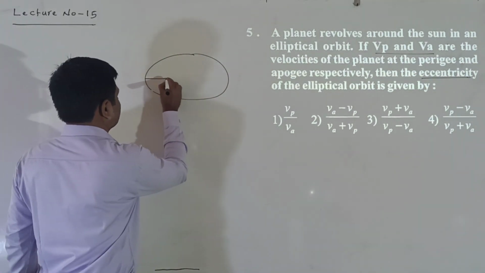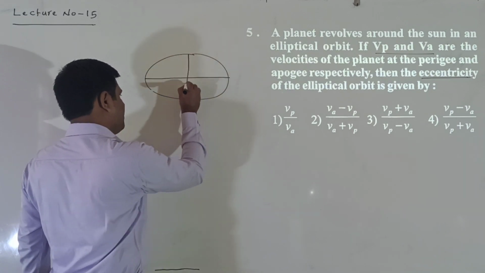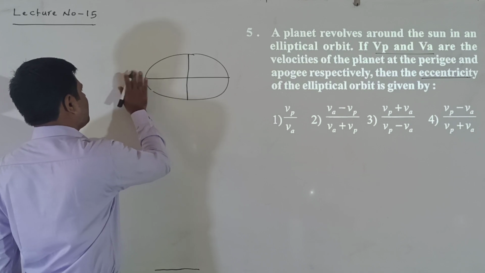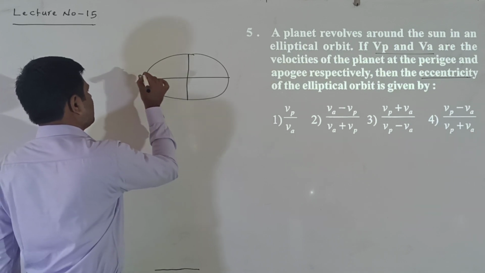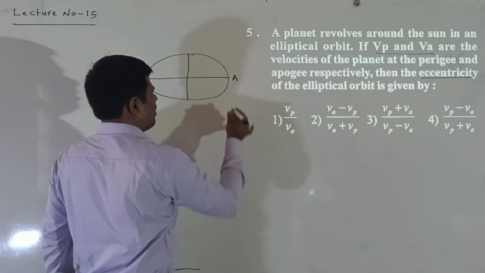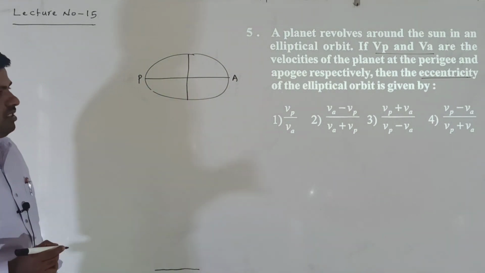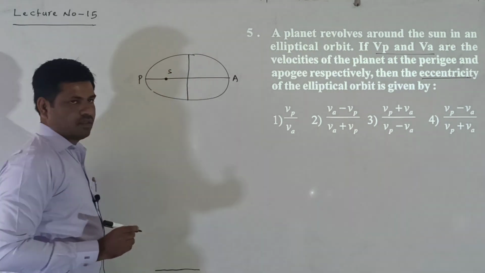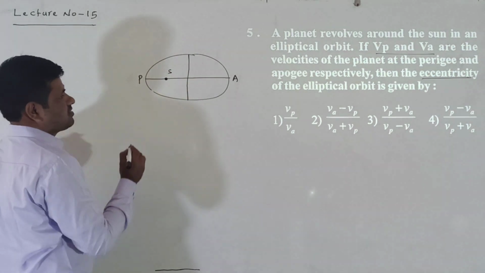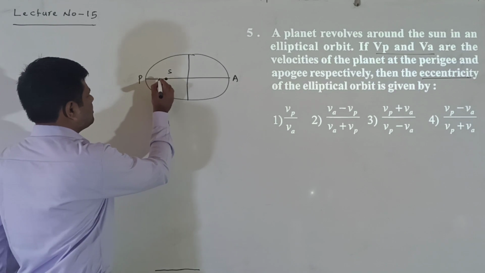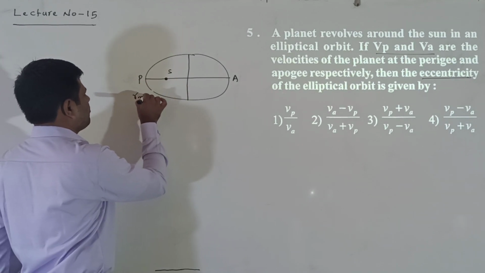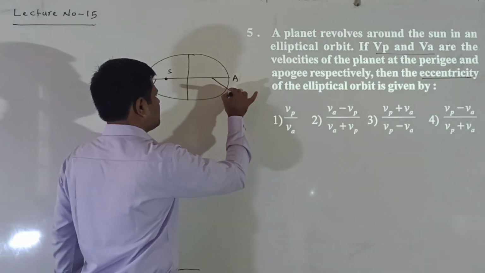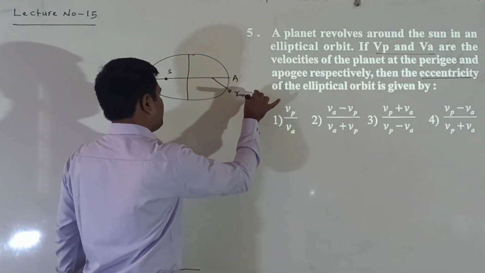In this elliptical orbit, this is perihelion or perigee, and this is aphelion or apogee. Now here the sun is there. This distance is r minimum, and this distance is r maximum.